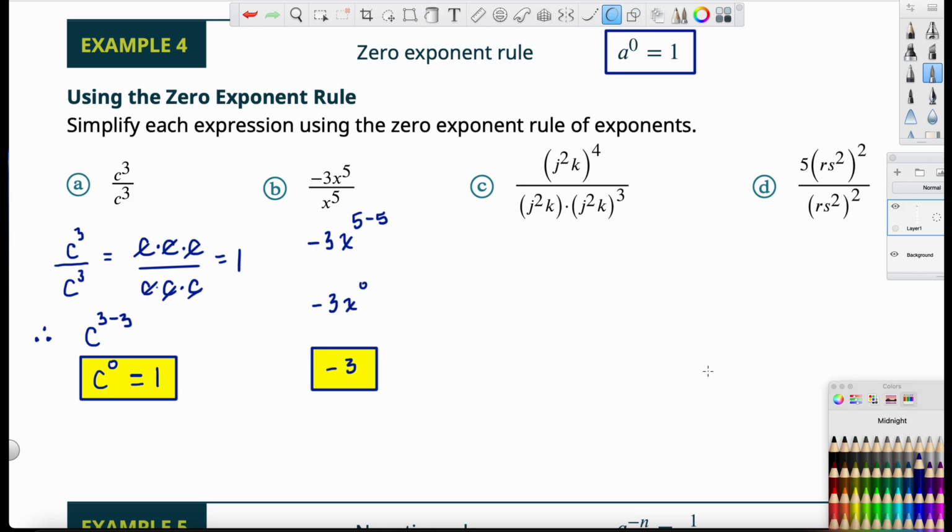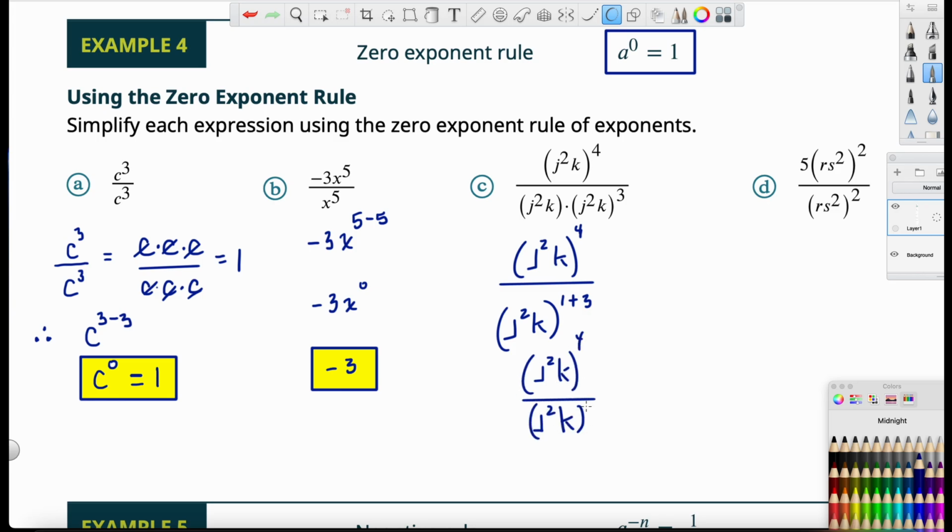We can see that in part B. Our x to the 5th terms would cancel. In part C, I'm going to combine the denominator by using the rule to add my exponents. And then notice I have the same expression in the numerator and denominator.